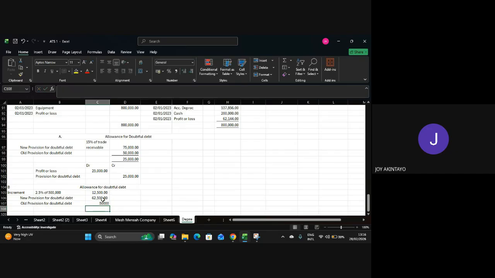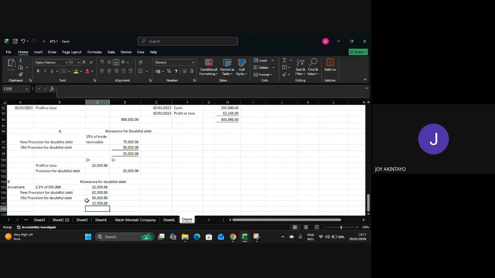Then our difference will just be this minus this. So this is our increment.